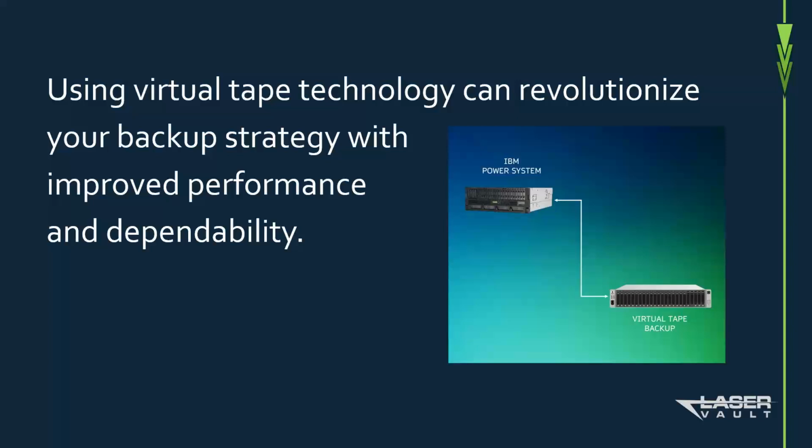But with the virtual tape backup system, we're really going to look to increase the backup speed compared to physical tape, as well as the dependability of doing things like replication to the cloud and multiple copies. Therefore, you always have a copy of your backup to do a particular restore.